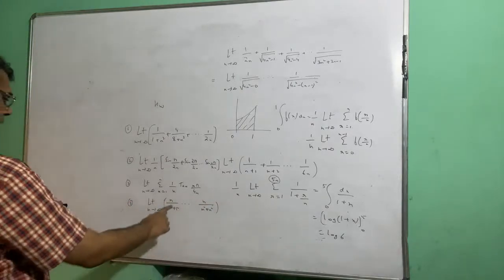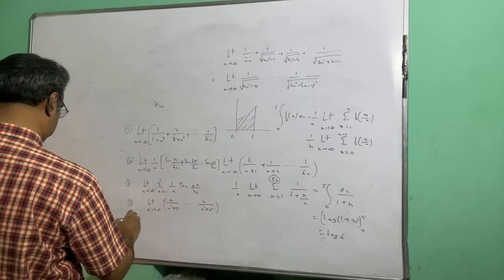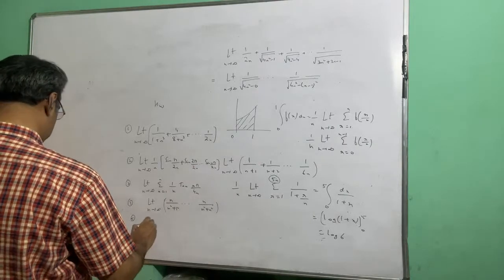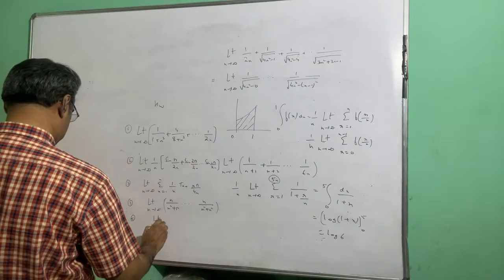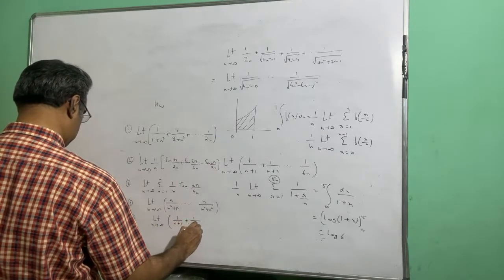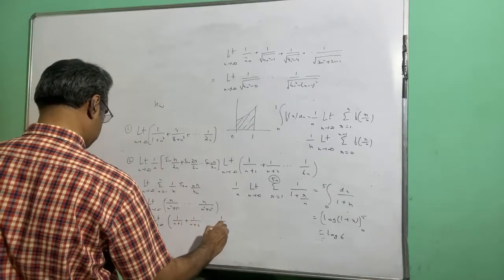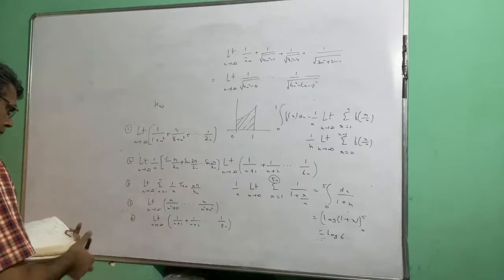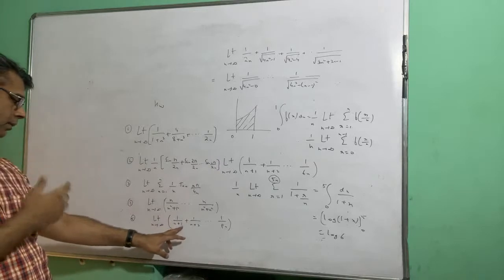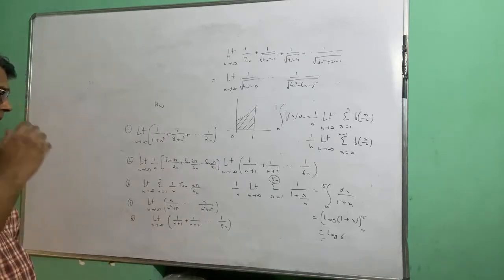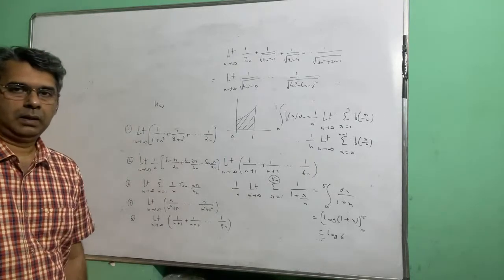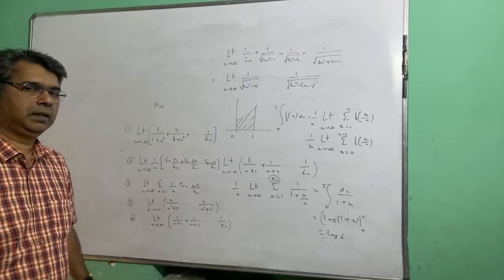Limit n tends to infinity n by n square plus 1 square up to n by n square plus n square. Limit n tends to infinity 1 by n plus 1, 1 by n plus 2 up to 1 by pn. So these are the 5 sums for homework based on the topic definite integral as limit of a sum.